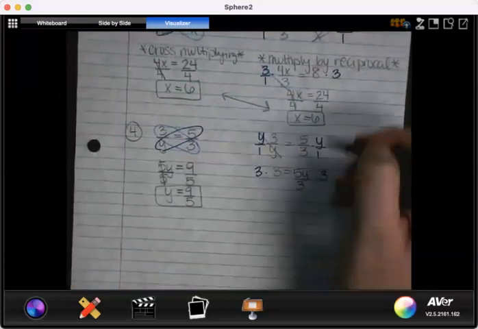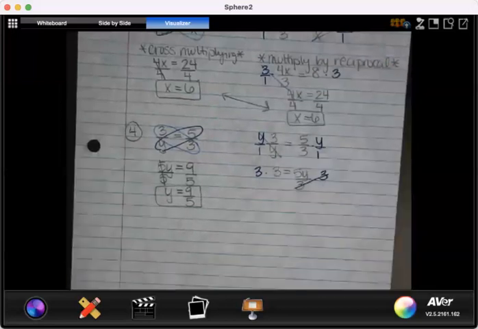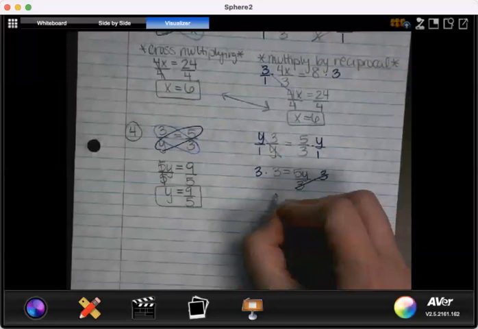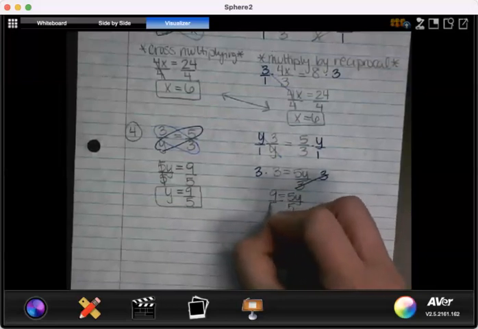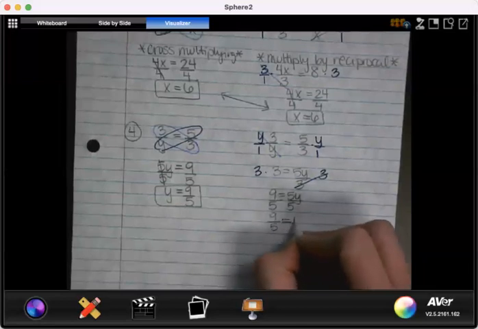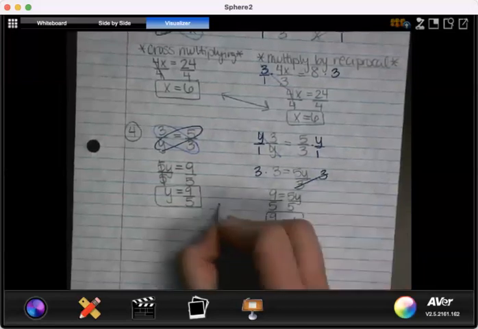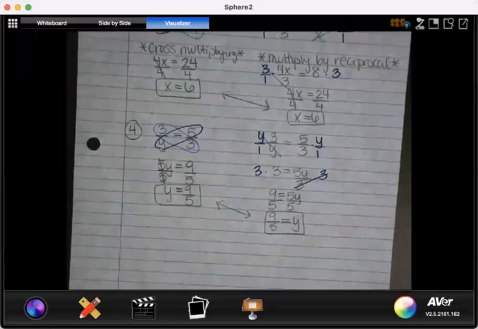And that just happens to be a coincidence. It's not always multiplying by 3. So we get 9 equals 5y, which would then yield the same answer. But depending on which method makes more sense for you, you should have still gotten 9/5.